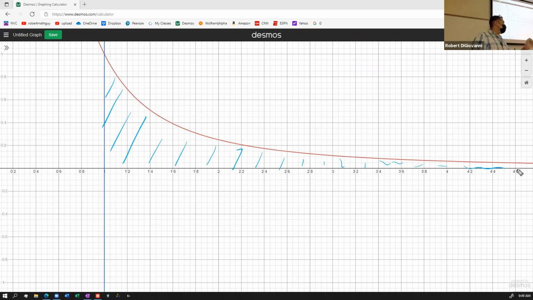But it would be less than 1. If you could go forever, if it was somehow possible for you to go forever, that would be equal to 1. Equal to 1. If you could go forever, which you can't go forever, but theoretically, if you could, that's what the number 1 is. That's kind of weird, right? The number 1 is the area underneath that curve from 1 to infinity.